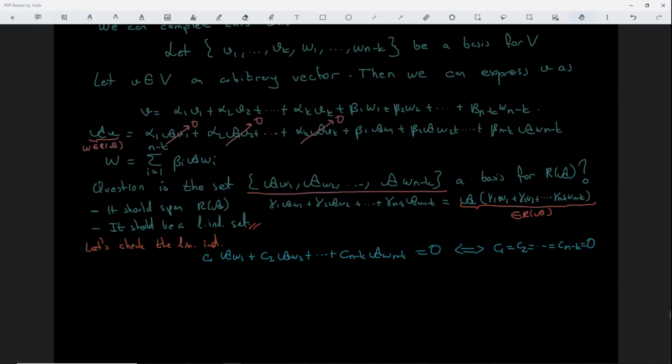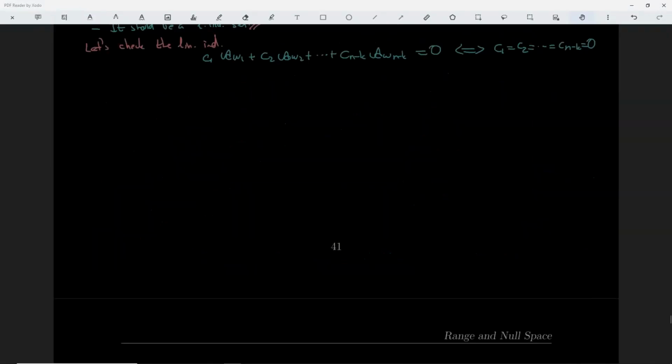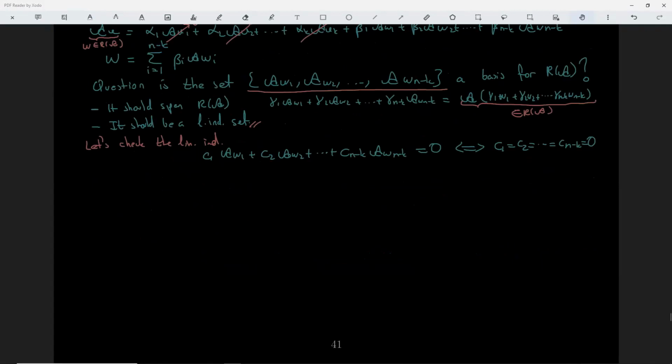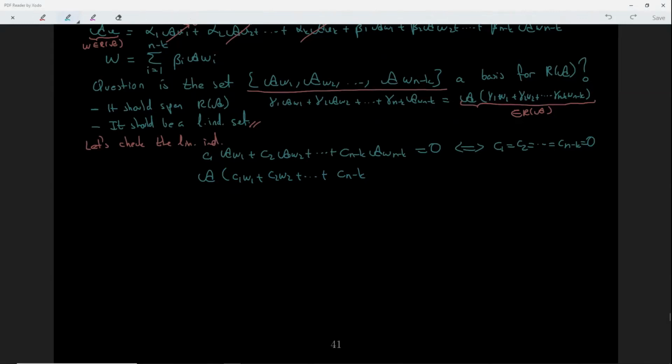So first of all, if I go back to this equation over here, with that linear combination being equal to zero, I can again pull the linear transformation A out of it, right? So I can write A times (C1 W1 plus C2 W2 plus ... Cn minus k Wn minus k) is equal to zero.